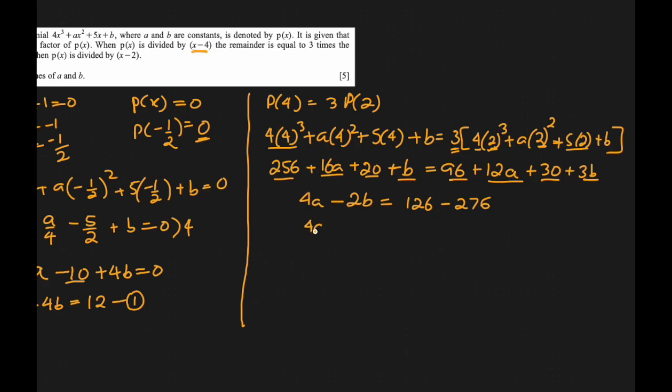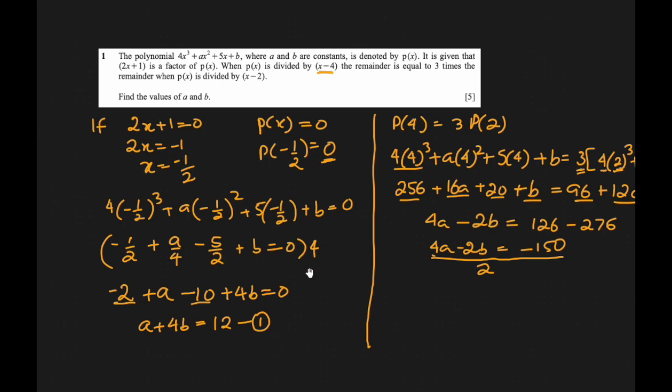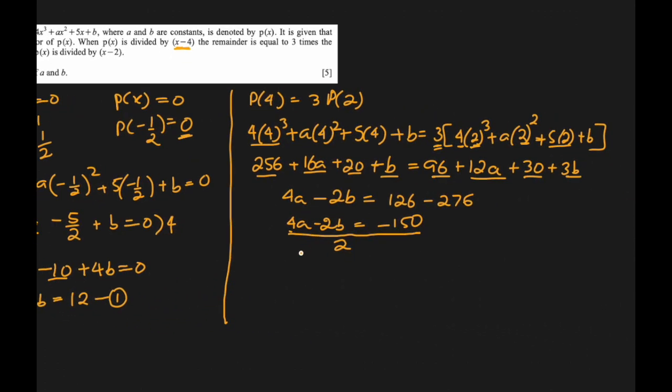So 4a minus 2b equals negative 150. Since they are all even, I can divide the whole equation by 2, just like I multiplied by 4 in the previous part. So it becomes 2a minus b equal to negative 75.